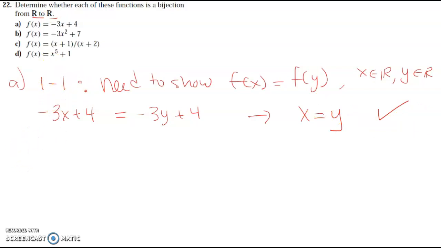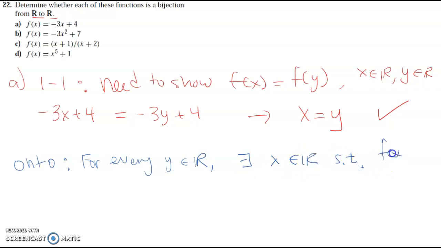All right, our second step is we need to prove that this is also onto. So onto, we are trying to prove for every y in R, there exists x in R such that f of x equals y. So this is what we're trying to prove. Okay, so let's check. This is actually a really fancy way of saying, does the inverse exist?